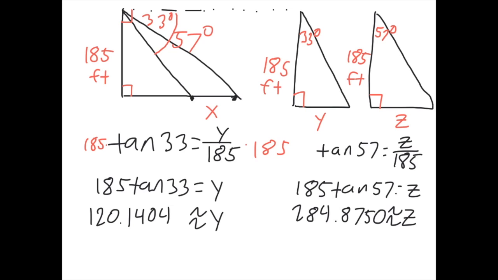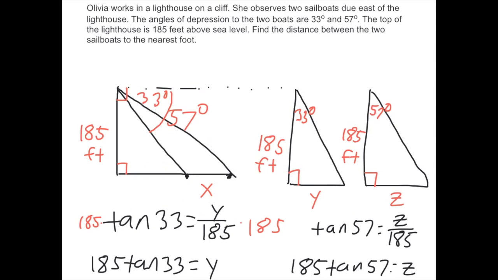Now that we found those two, in order to find x, we have to subtract those two. So x is going to equal the bigger one, 284.8750 minus 120.1404. And just a reminder, they wanted it to the nearest foot.